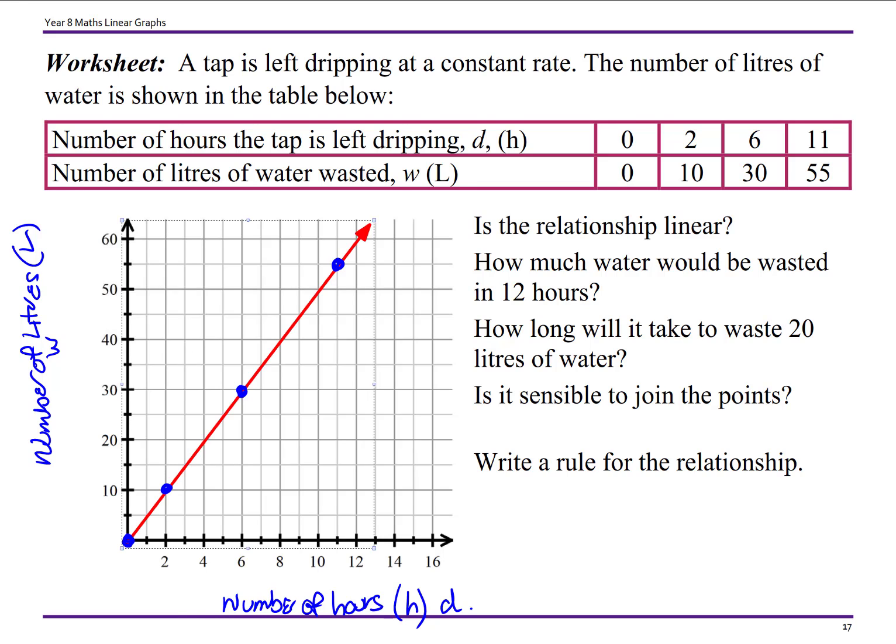You can see my straight line. I've put an arrow on it because it keeps going. That's why the arrow is on the end of the line. And you can see it's a straight line, which means we have a constant rate of change. It's linear. So is the relationship linear? Yes. How much water would be wasted in 12 hours? So we come across to where 12 hours is, which is here.